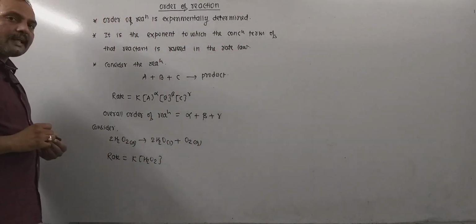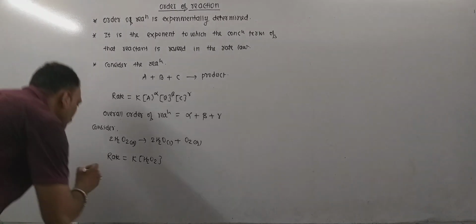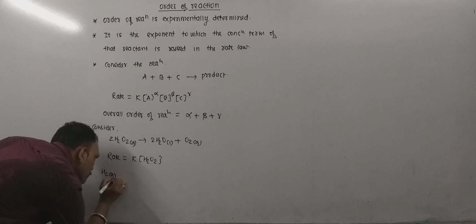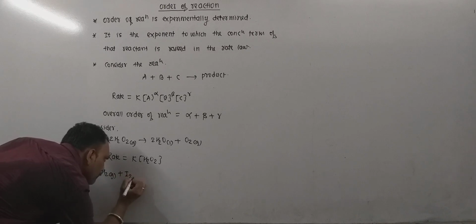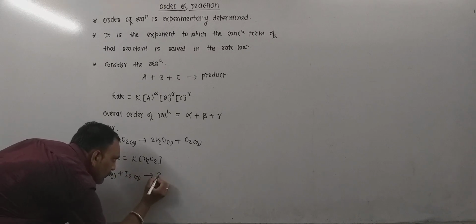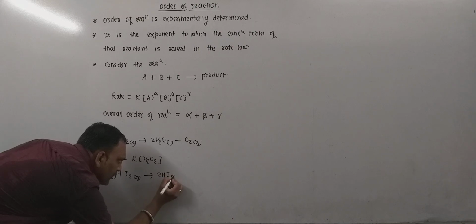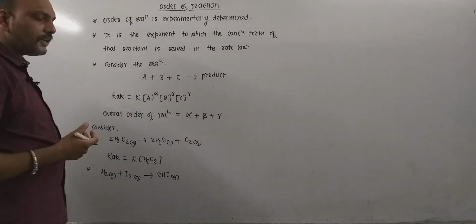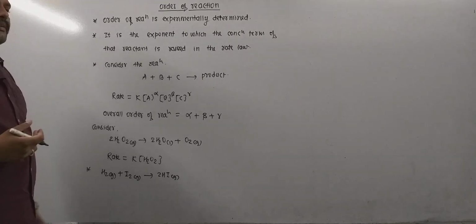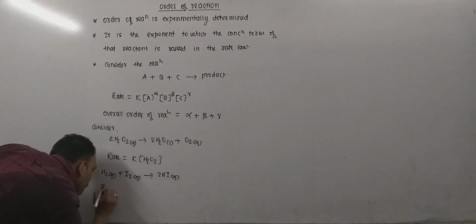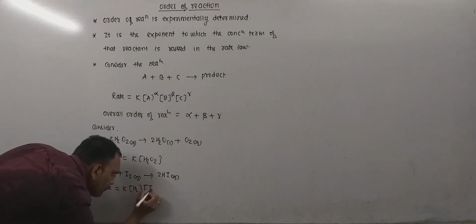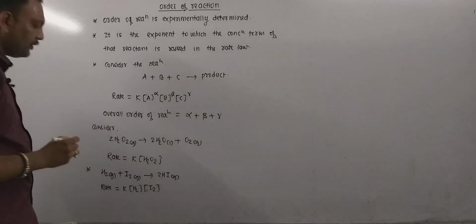Consider another example: the combination of H2 gas plus I2 gas leading to the formation of HI gas. After experimental determination, the rate law for this reaction is rate equals K into concentration of H2 into concentration of I2.